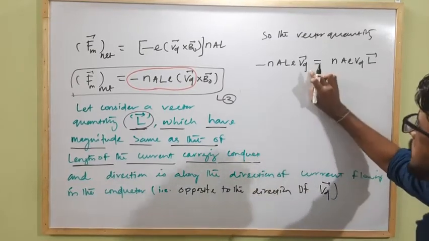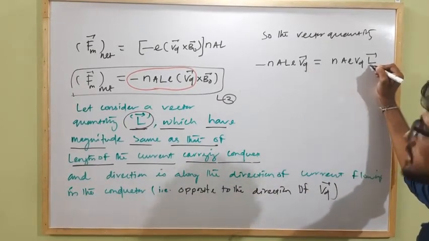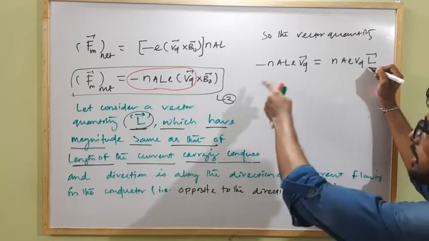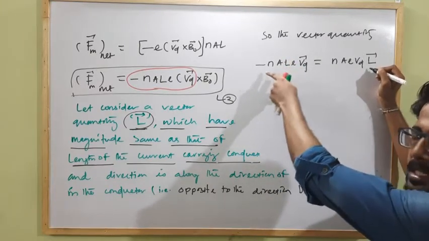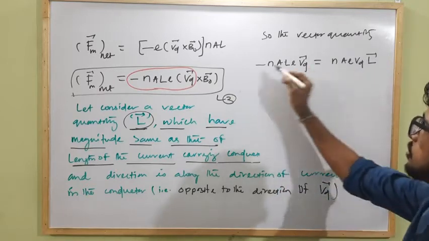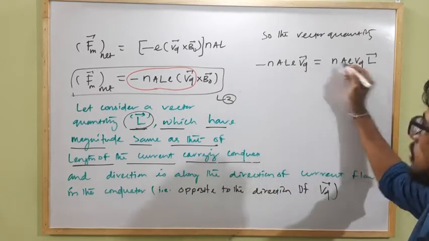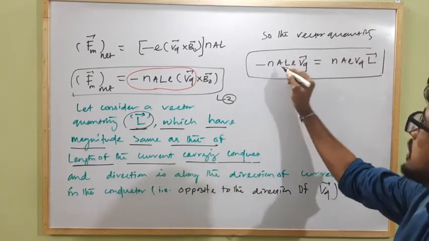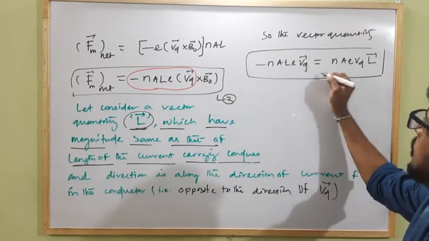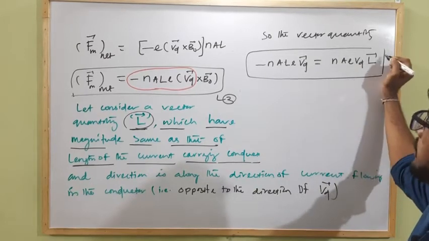So in place of Vd vector, if I write minus L vector, which has the magnitude of the length of the conductor and direction opposite to drift velocity, the minus sign will be cancelled out. So I can write the vector quantity minus nALe Vd vector equal to nAe Vd L vector.